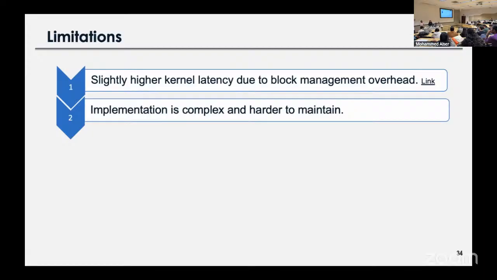I have a question. What is fragmentation? I already explained it. There are two types, internal and external fragmentation.